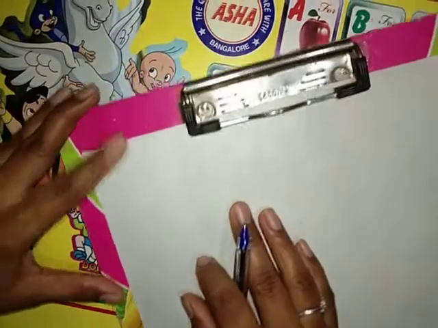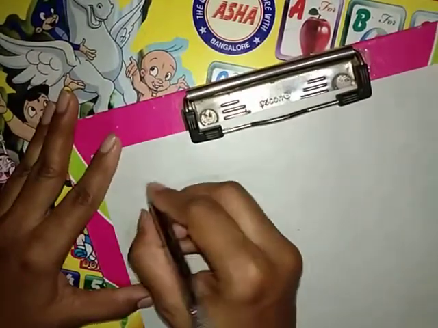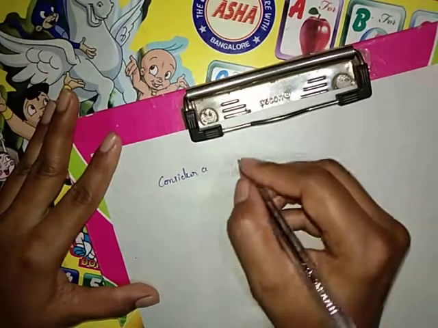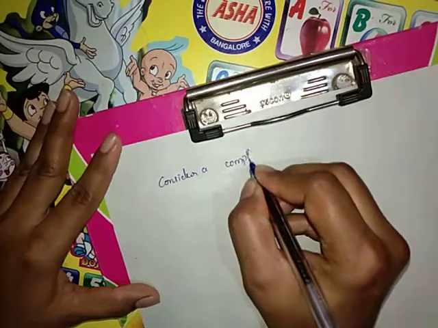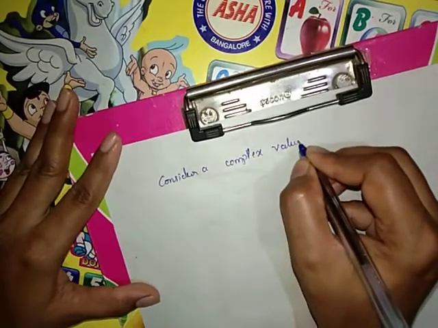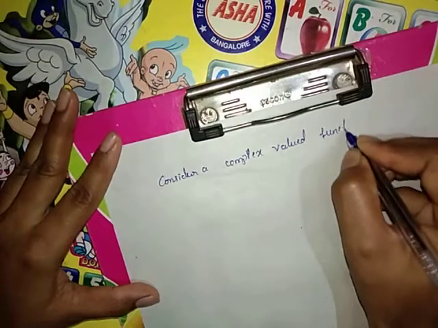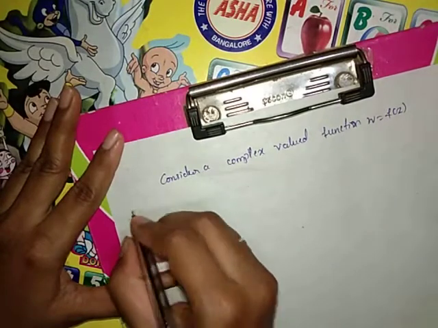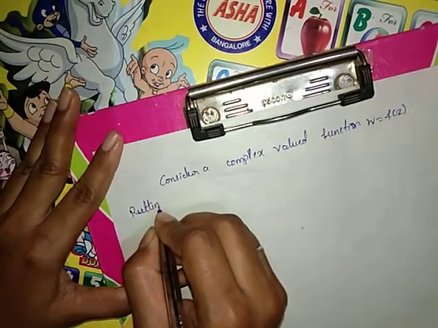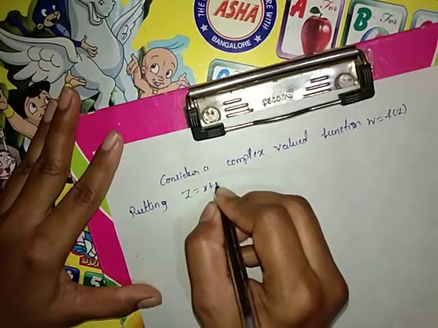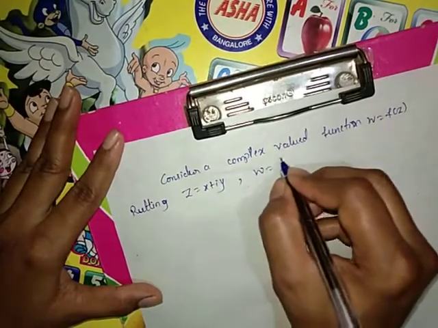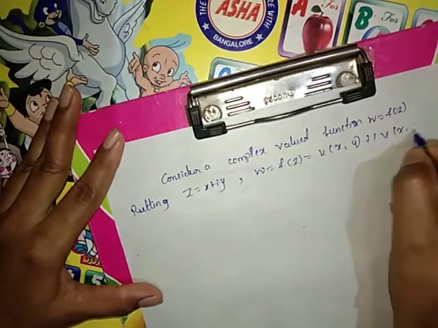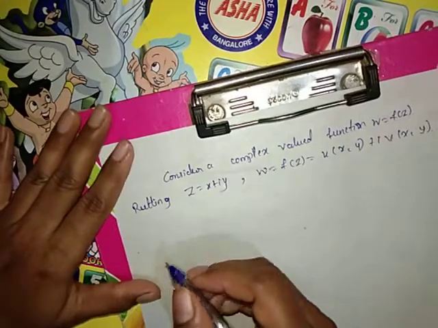Before coming directly to the conformal definition, consider a complex valued function w equals f of z, putting z equals x plus iy, where w equals f of z equals u plus iv, where u and v are functions of x and y.